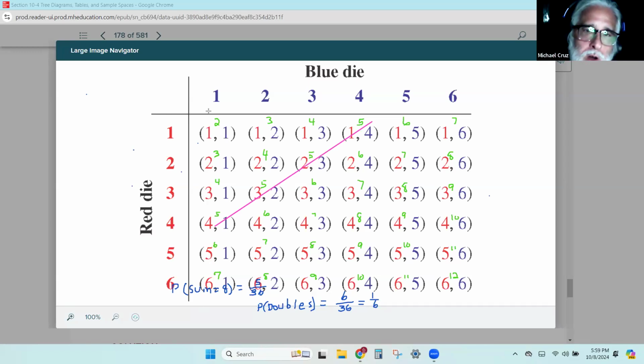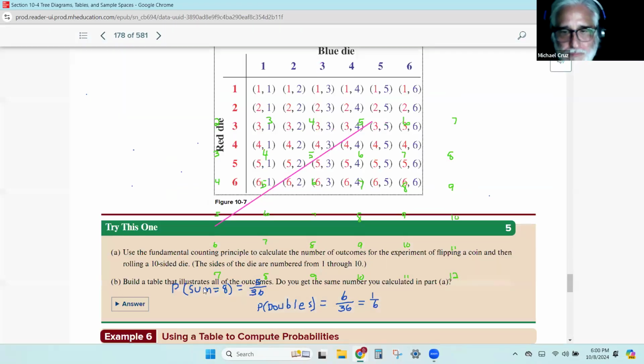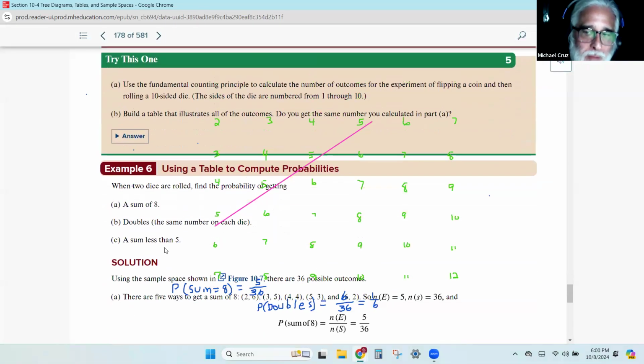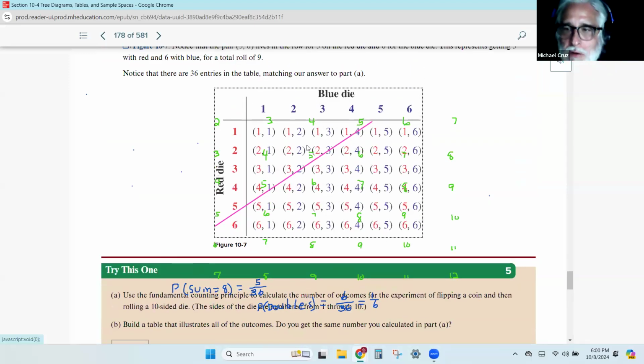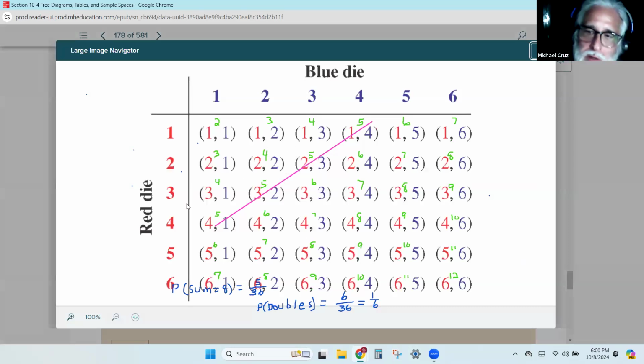Now, we don't want all of those. We want the ones that are what? A sum less than 5. Okay, so let's go back over here. So all of these over here, these are the 5. This is the divide line between 5 and not 5. So over here, these are all the 6s.